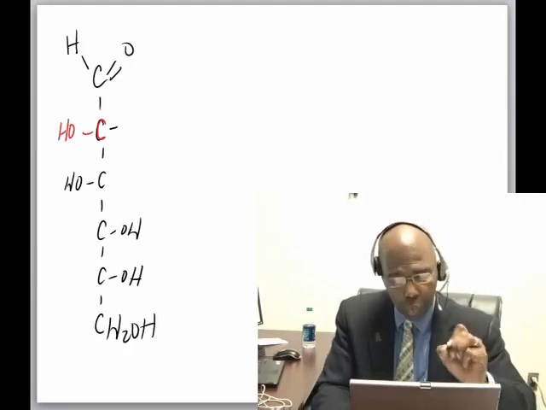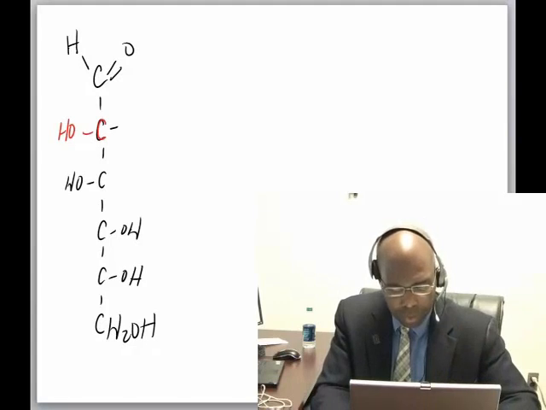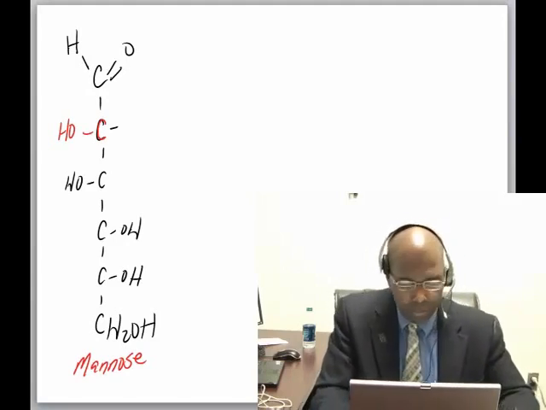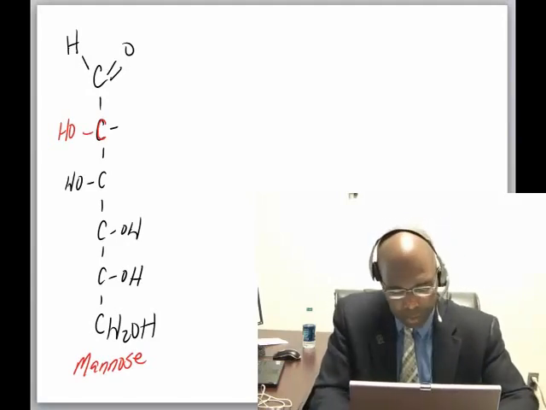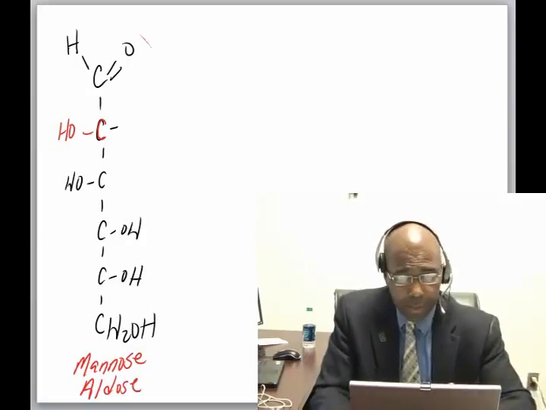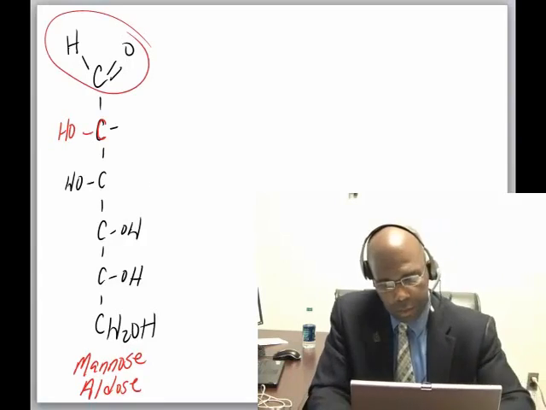So the 2-epimer of glucose is called mannose. So this sugar is mannose, and mannose is, of course, an aldose. And all we're going to do, again, is reduce. I'm going to have a reduction here.